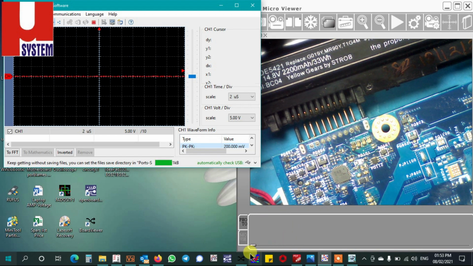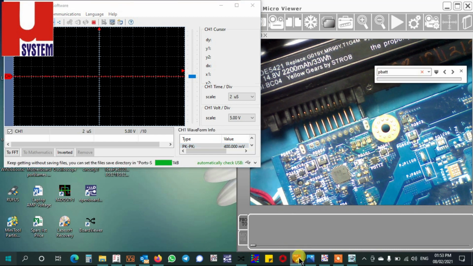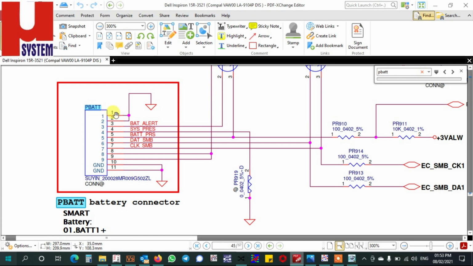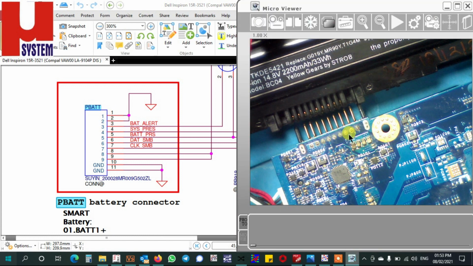First of all, I'll show you the schematic drawing and the board view also. Over here, this is my schematic. As you can see, this is pin number 1 and 2. I will show you on camera also.